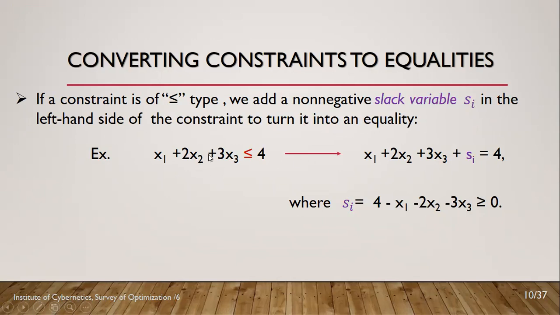So this is the less than or equal type, and here we add the slack variable. Again, the slack variable can be expressed as the difference between the right-hand side and the left-hand side expression, and it is non-negative, so we include the non-negativity constraint here.